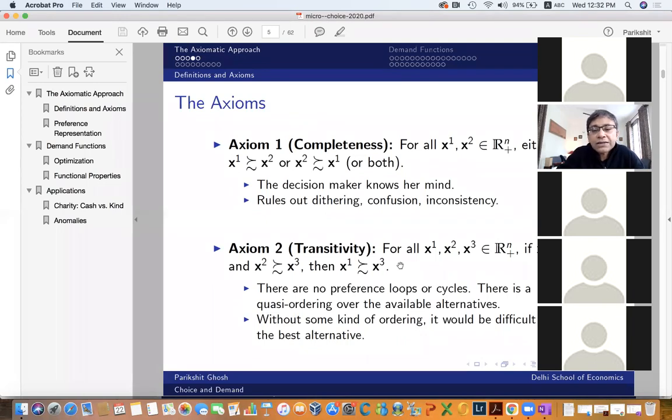I want to understand the choices of parliaments and how parliaments or legislatures will respond to changes in the circumstance. And there, assuming transitivity can be problematic, is what I'm saying.